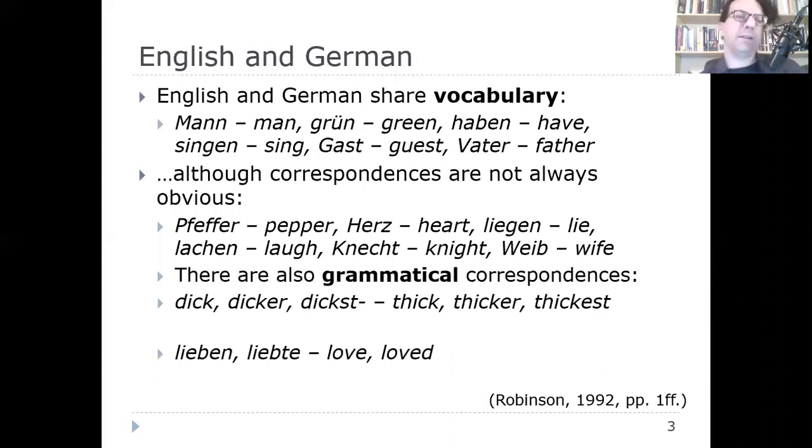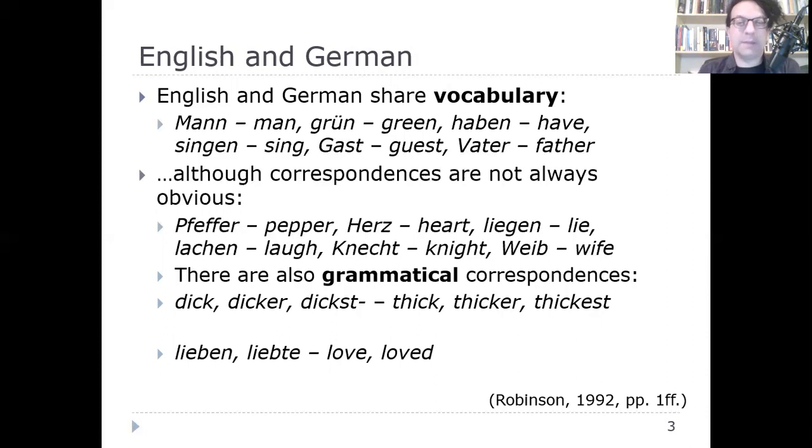And then lastly, there are also grammatical correspondences. Looking at adjectives in German, we form comparative and superlative versions of adjectives by adding an -er and an -st, as in dick, dicker, das dickste, right? In English, thick, thicker, the thickest.